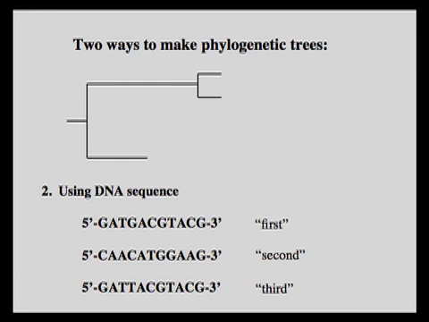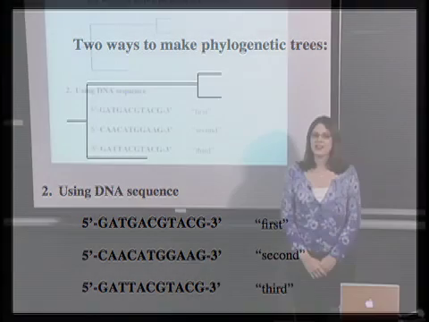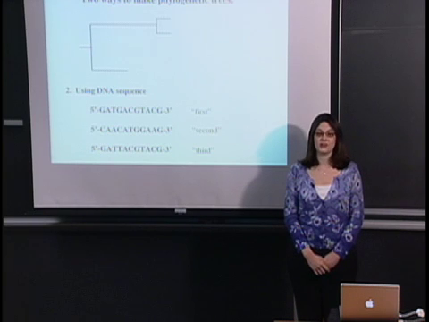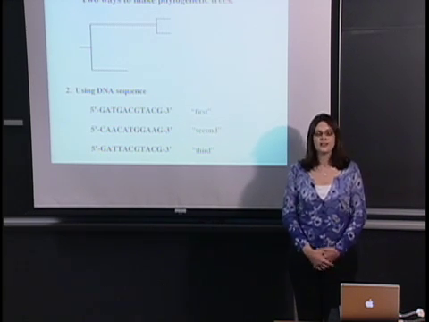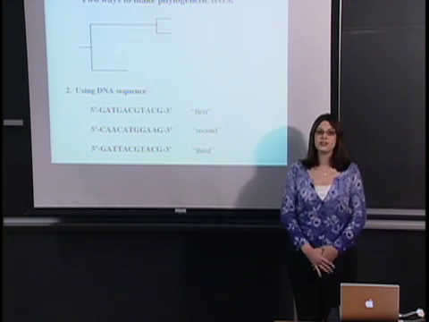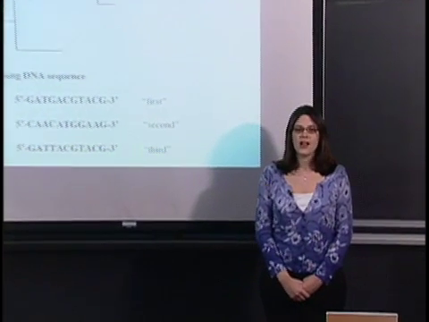And I also have a new blank phylogenetic tree for you with 3 empty branches. What I'd like you to do is now fill in this blank tree using the organisms first, second, and third. And just look at their DNA sequences, just like you looked at rat, frog, and mouse, and think about which ones look the most similar to each other, and put those close together. So I'll give you a moment to fill in this tree based on DNA sequence, and I'll see you in a moment.